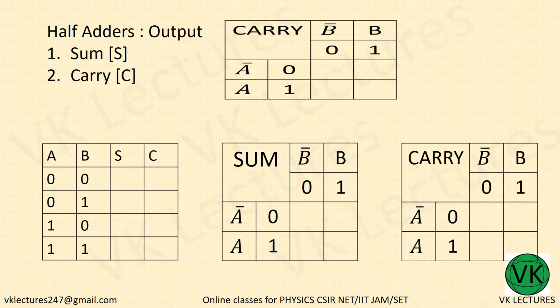Now we have a question to solve this half adder circuit. For the half adder circuit, we know there are 2 inputs and 2 outputs. The 2 outputs are sum and carry. The inputs are A and B. So let us find the truth table now.